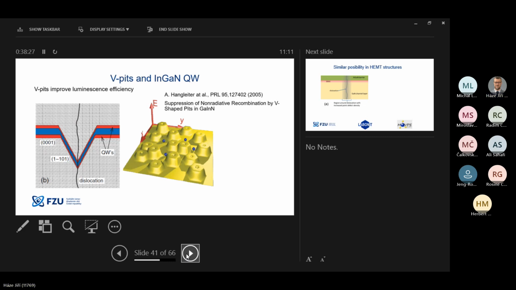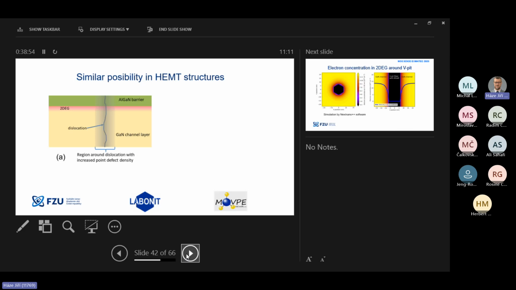If you have a V-pit, which is always formed around this location, especially with a screw component, then electrons do not penetrate into this region because it's an energetic barrier for them. They are separated from this, and the luminescence is enhanced. But could this also be the case in a HEMT structure, something like that? Here we have a deteriorated region around this location.